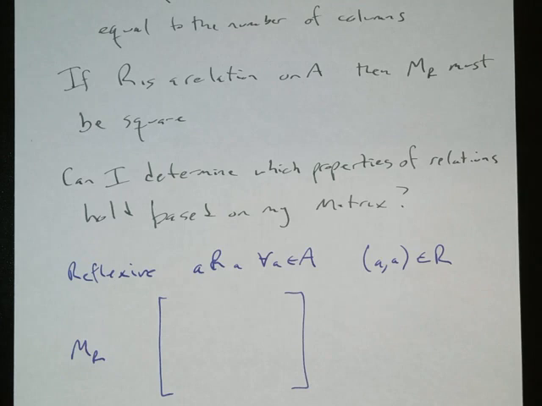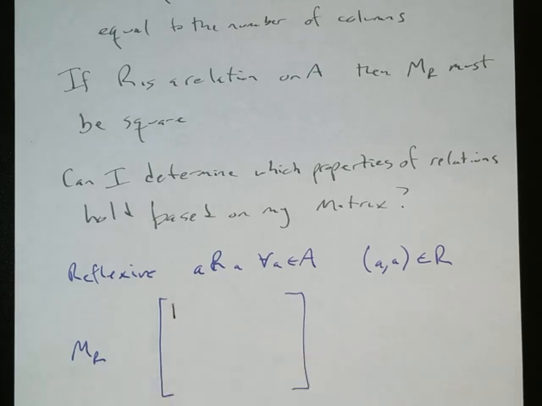Where can you guarantee me you're going to put a 1? Say again? Well, that would mean everything is related to everything. Reflexive only tells me that A is related to itself. So when the row number and the column number are the same, I know I'm going to get a 1 in the first row in the first column.